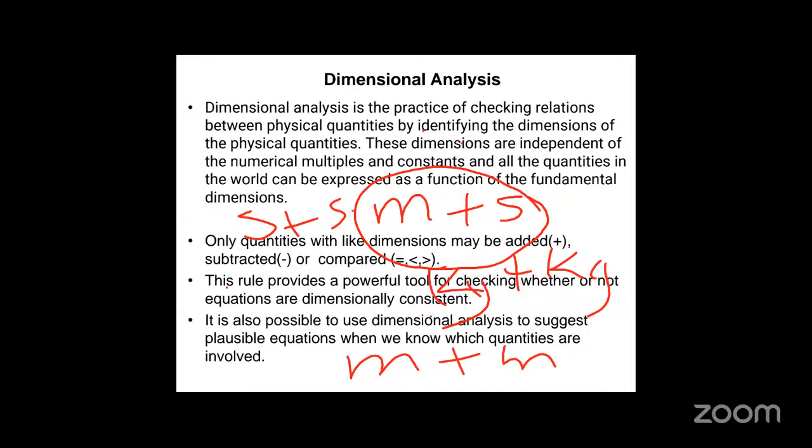I can add two masses, two lengths, two times, but I can't add length and time, mass and time, or mass and length. But I can multiply and divide. When I multiply and divide, I get a derived quantity.